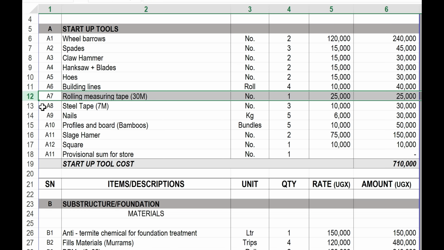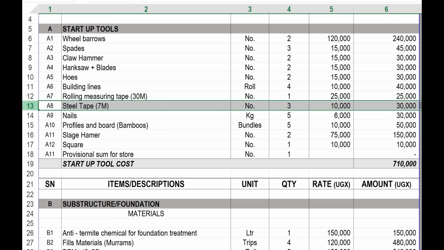And you might also need a steel tape, which is around 7 meters, and I think 3 can be enough, and you can get 1 at 10,000, summing up to 30,000.